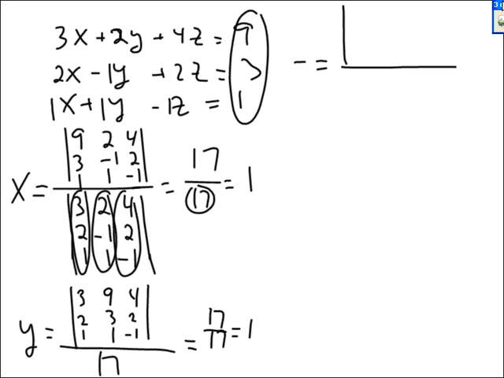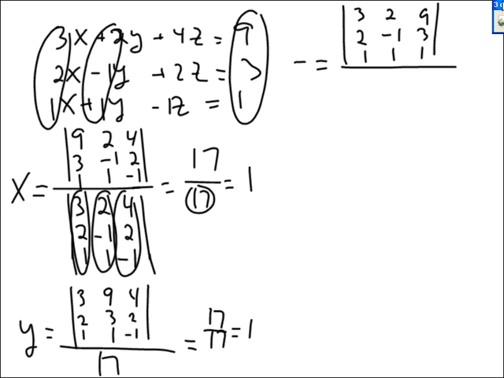The top one, well, first you have the coefficient of x's, 3, 2, 1. Then you have the coefficient of y's, 2, negative 1, 1. And then you have the right-hand numbers. In the bottom, 17. So it's just a matter of calculating that top determinant.